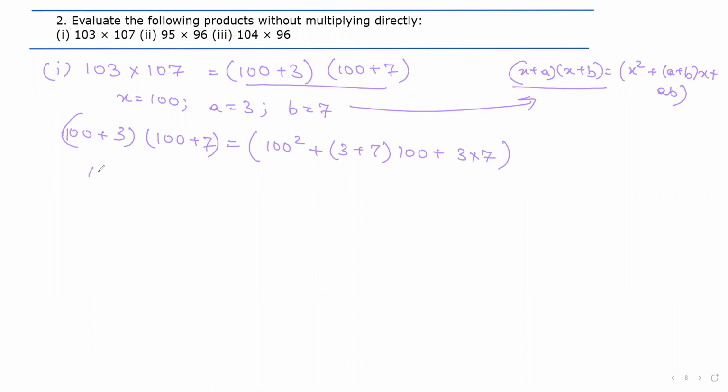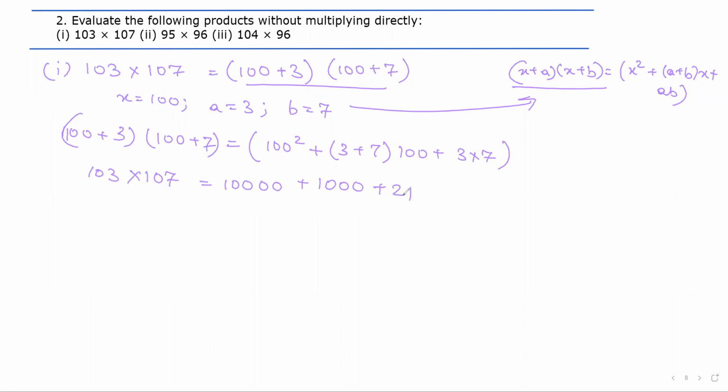So here you have 103 multiplied by 107 will be equal to 1 followed by 4 zeros plus 7 plus 3 is 10. 10 multiplied by 100 is 1000 plus 21.